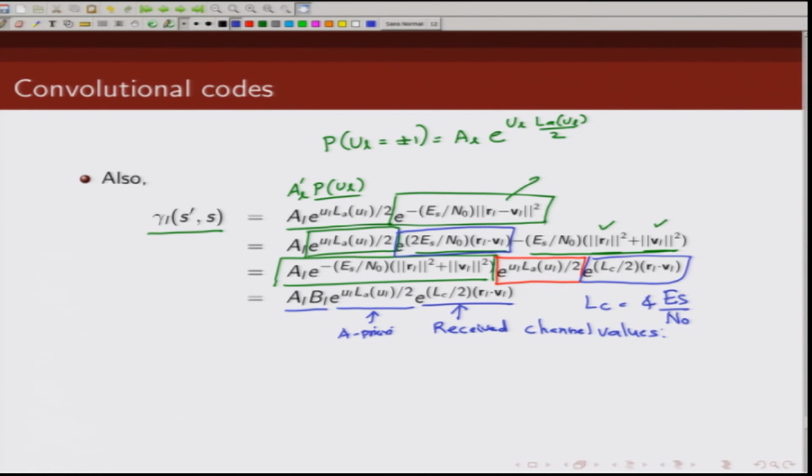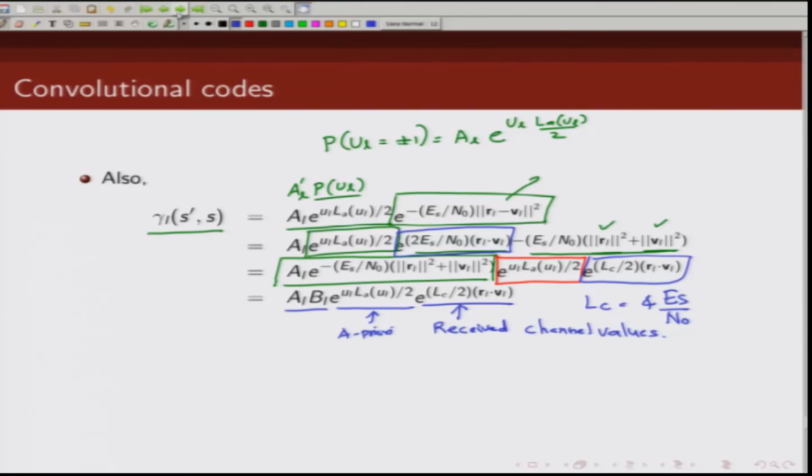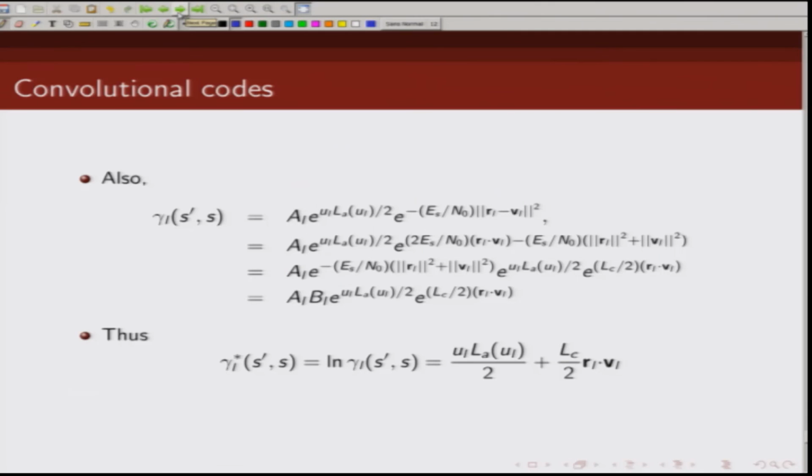So, this is a simplified expression for branch matrix computation for our BCJR algorithm if we are considering additive white Gaussian noise channel.